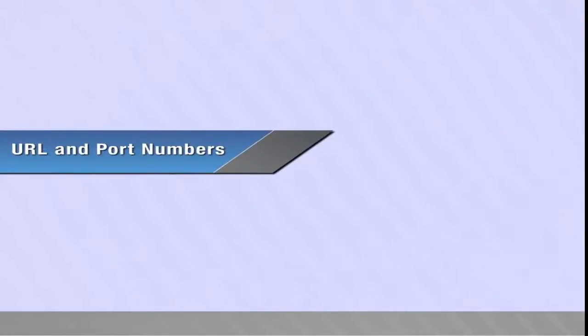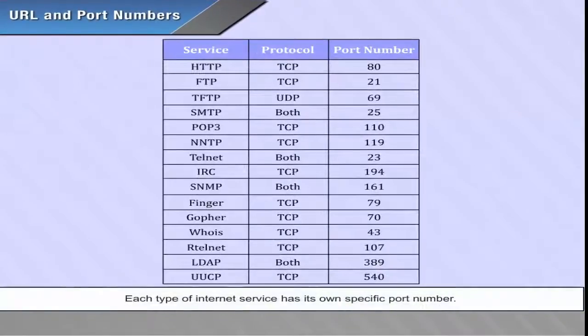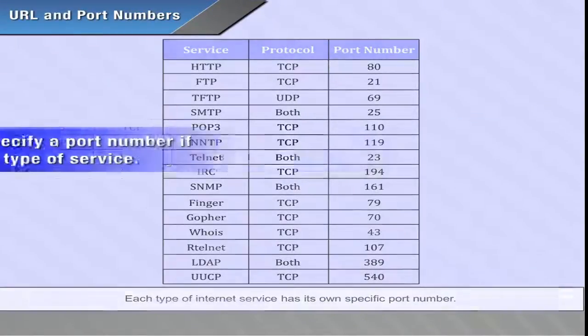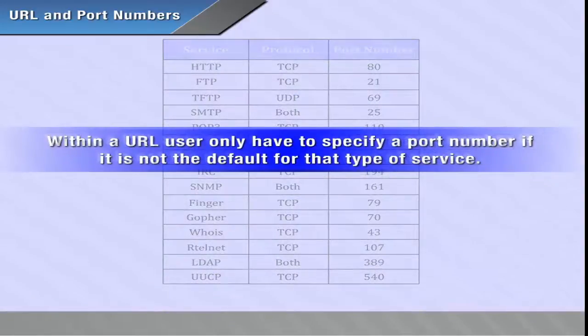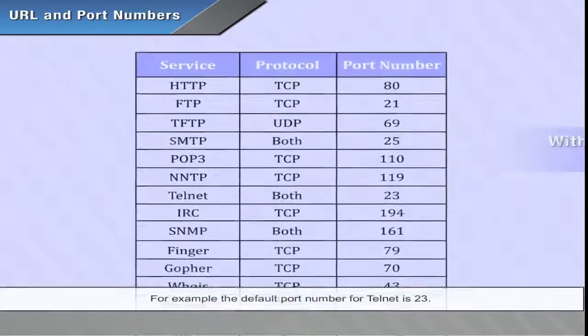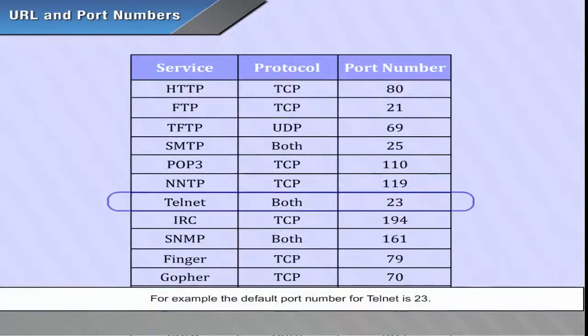URL and port numbers. Each type of internet service has its own specific port number. Within a URL, the user only has to specify a port number if it is not the default for that type of service. For example, the default port number for telnet is 23.